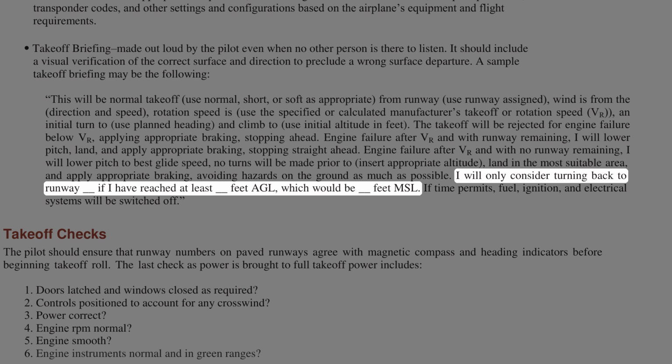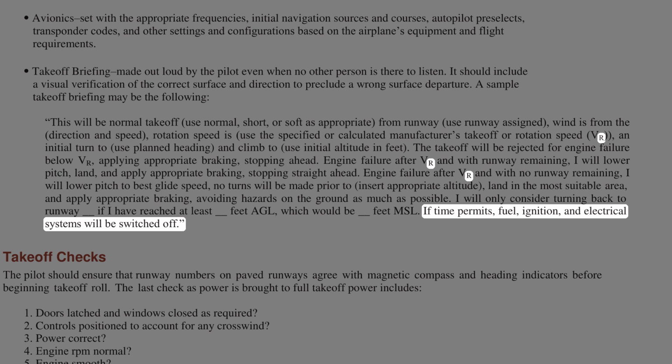I will only consider turning back to runway __ if I have reached at least __ feet AGL, which would be __ feet MSL. If time permits, fuel, ignition, and electrical systems will be switched off.